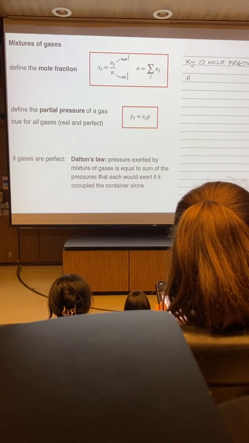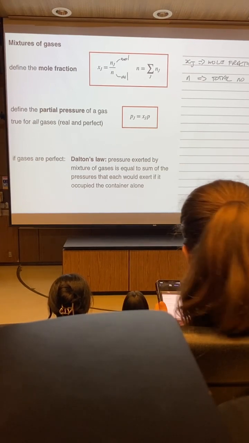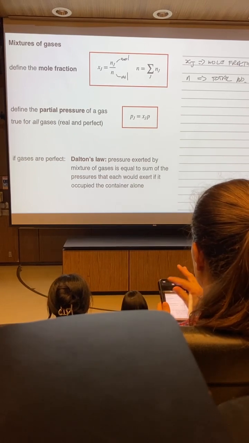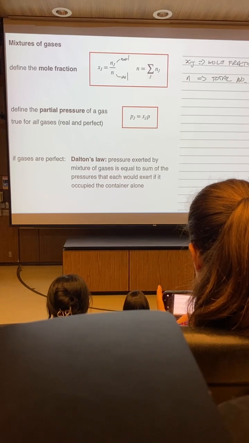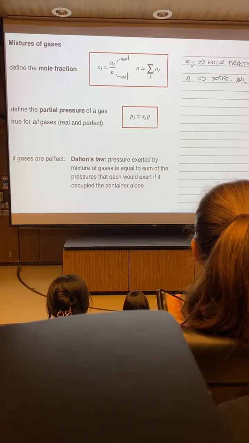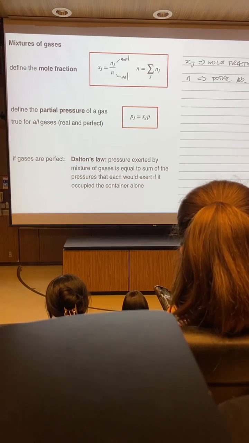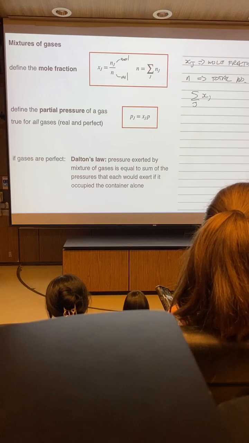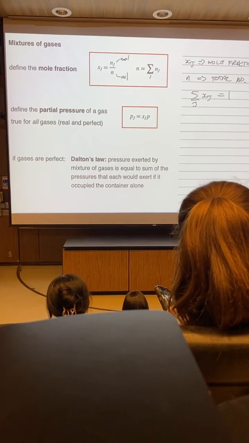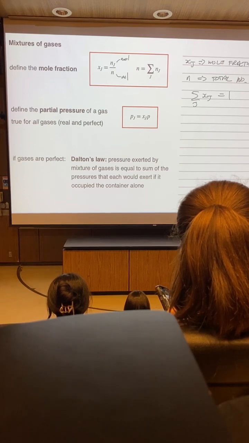So n is the total number of moles, or total amount of substance. So the sum over all of the mole fractions is also going to ultimately equal 1. So if I sum up over all of the mole fractions, that equals 1, just summing up over every possible substance that's present in the system.